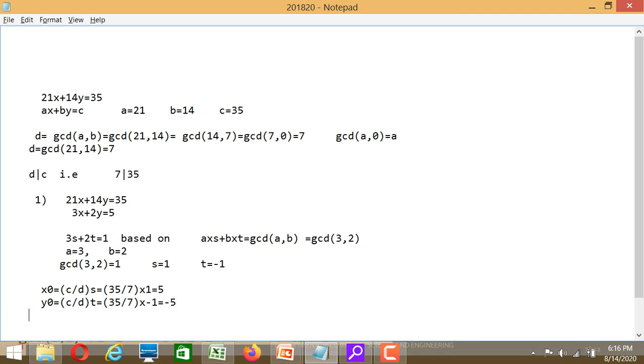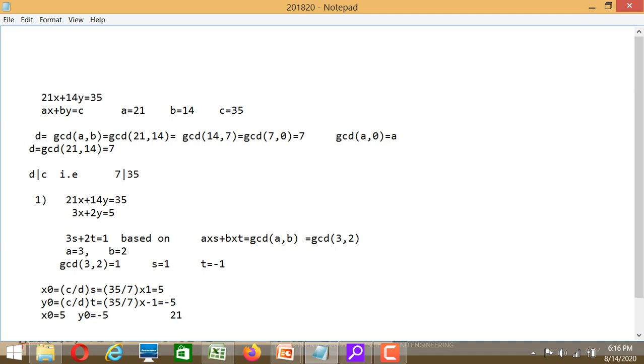So this is the solution. So particular solution, x naught equal to 5 and y naught equal to minus 5. Substitute these values in the equation.